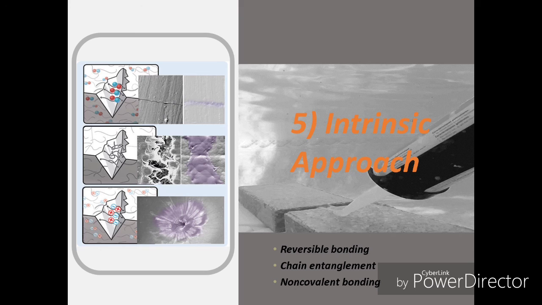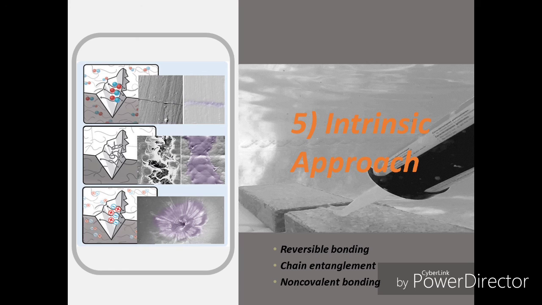Intrinsic approach. For the intrinsic approach, it was demonstrated using three main schemes. Firstly, the reversible bonding. The monomeric state of the material will change into a cross-linked polymeric state by an additional extra energy.